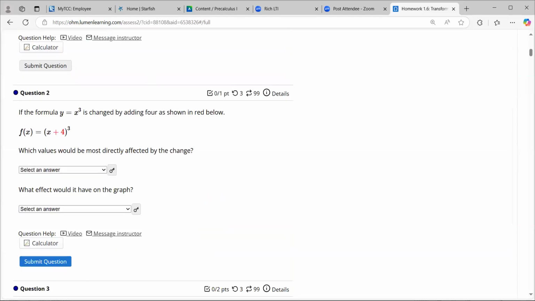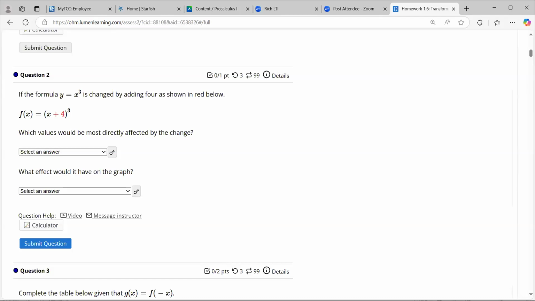Question 2. If the formula y equals x to the power 3 is changed by adding 4 as shown in red below, which values would be most directly affected by the change?